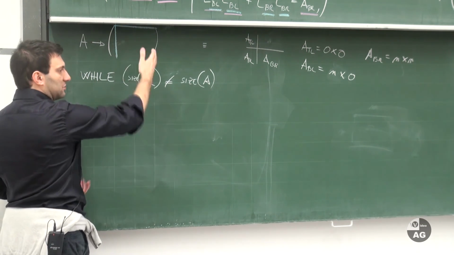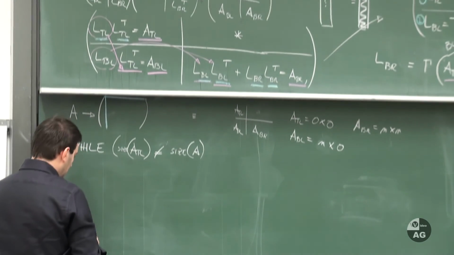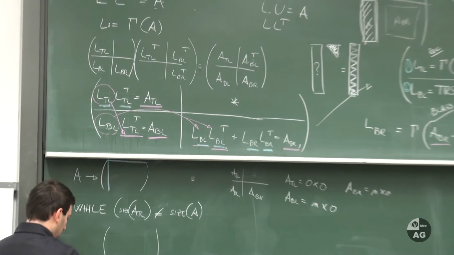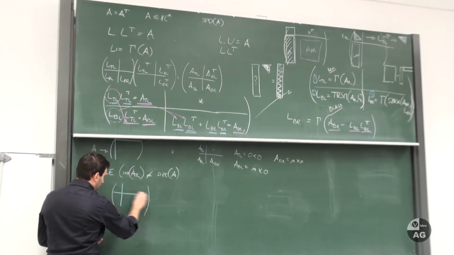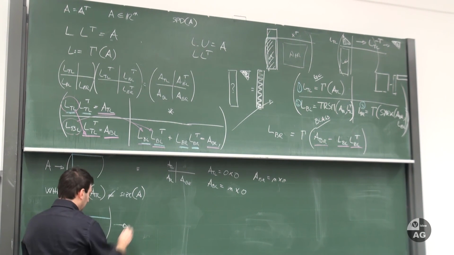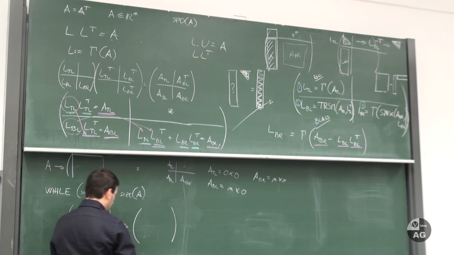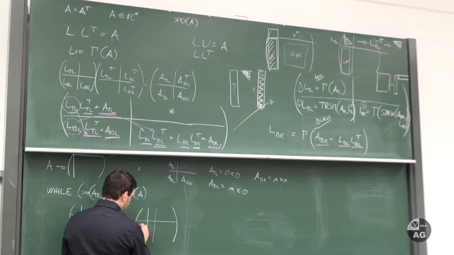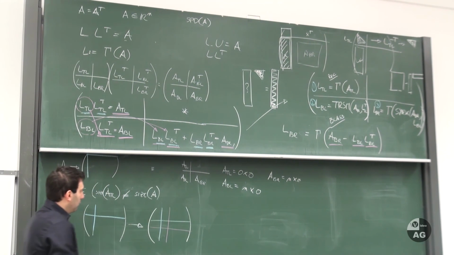I want to expose some objects. So my matrix A, like this, I want to create something like this. What am I doing?